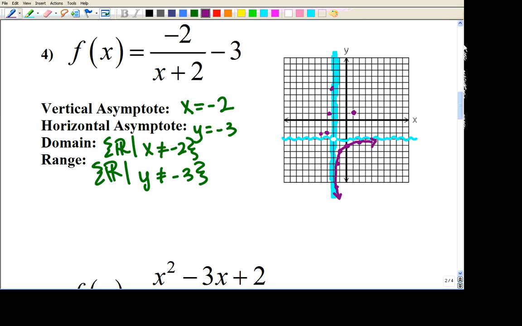Oh, just noticed something. I didn't put it at 2. Let me fix that. When we were at negative 1, we'll now be at (negative 1, 2). That looks better. I was wondering. All right. And then we had (negative 4, negative 1/4), so now we're at positive 1/2. So there's the other side of our graph.